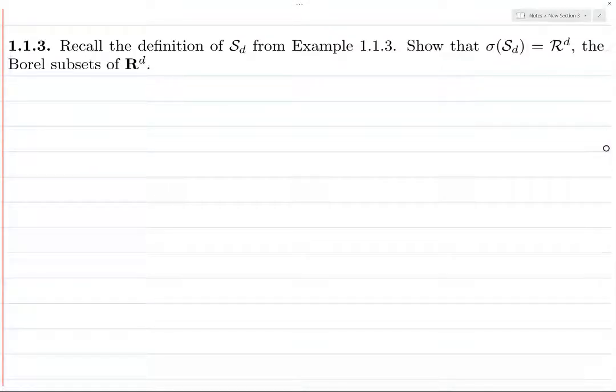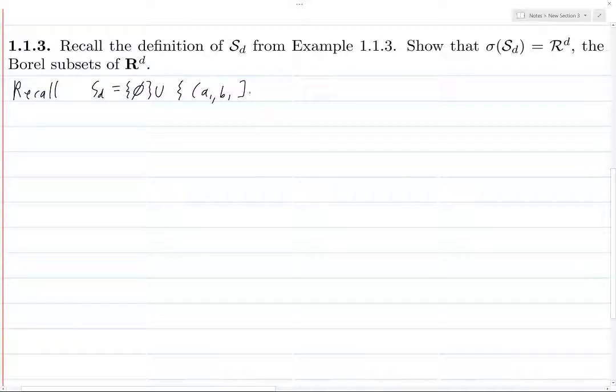Alright, so let's recall the definition of S_D. So recall that S_D consists of the empty set and the collection of all sets of the form (a1, b1] crossed all the way with (aD, bD], where each a_i and b_i is an element of R, but could also be plus or minus infinity.